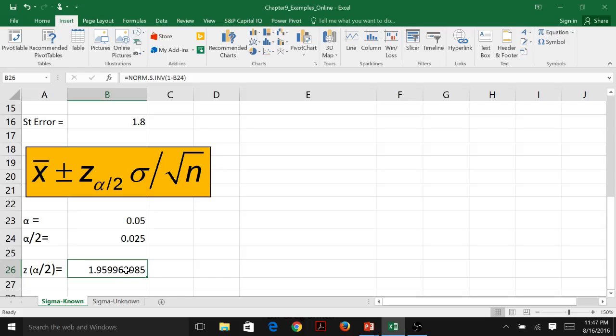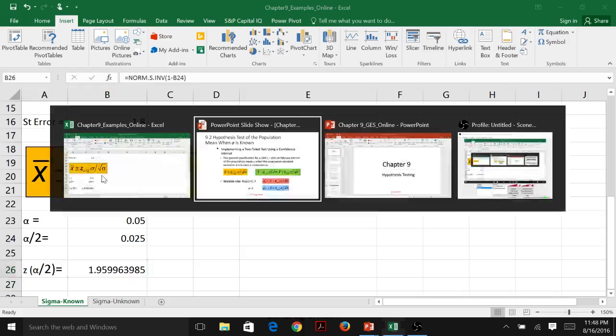Almost 2. Remember, 2 when we look at the empirical rule, within 2 deviations, about 95% of all observations fall. Well, see, now we have this value. Then 2, either way, 95% fall. Here's your 2. You would just then plug this in for Z.